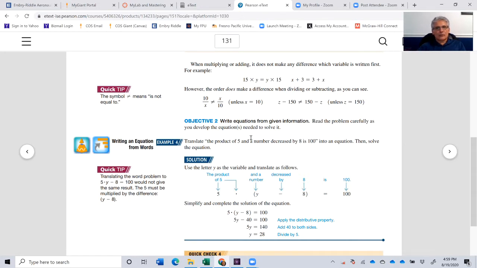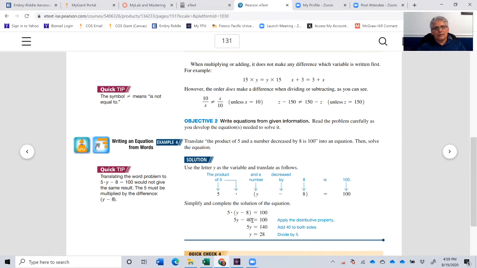So we take the verbal equation and translate it so that we have 5 times y minus 8 equals 100. Really, you could even eliminate the dot here. When we use the distributive property, we take the 5 and the y. So 5y minus, the minus sign carries down, 5 times 8 is 40.